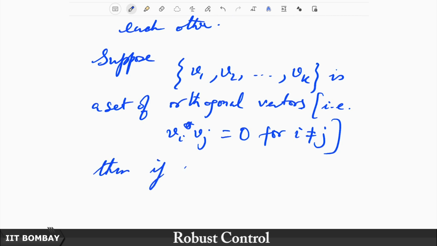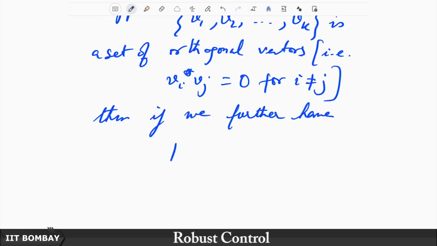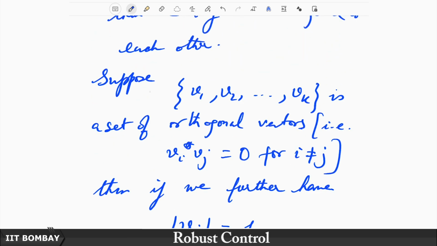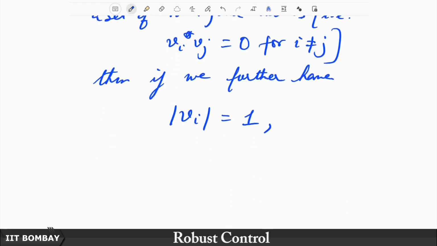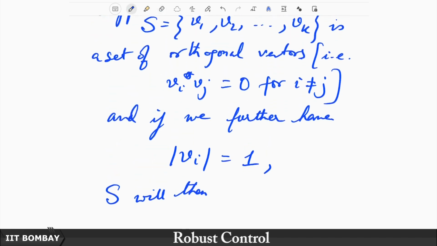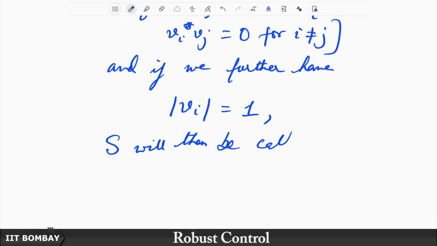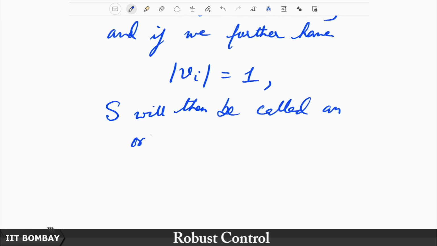Then if we further have the norm of vi is equal to unity, so let us call this a set S, S will then be called an orthonormal set of vectors.